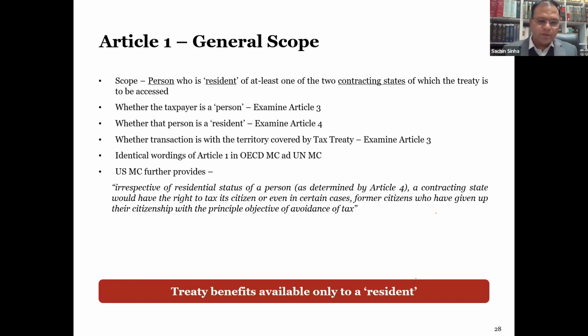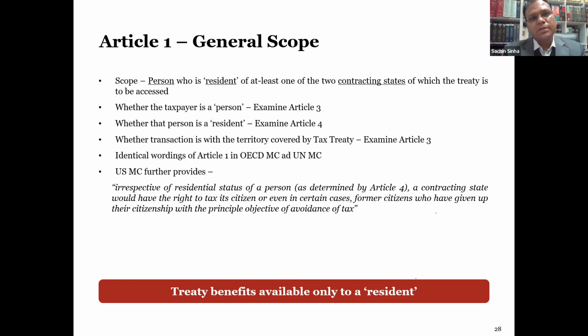So when we refer to Article 1, because whenever you apply any treaty, you need to test whether you are falling under that treaty or not. So how it starts: person who is resident. It says this applies to residents of either or both of the countries.